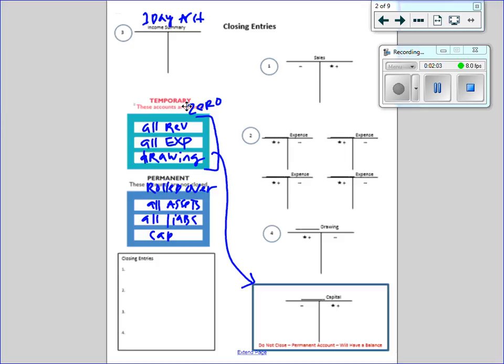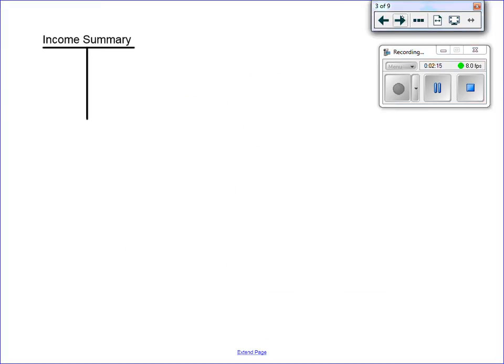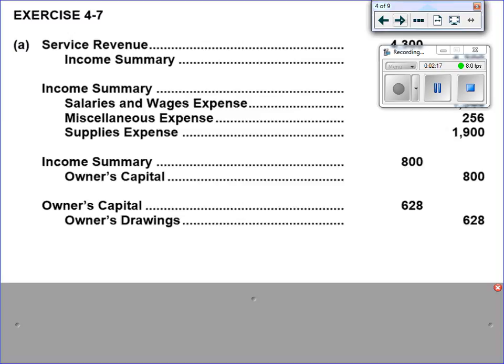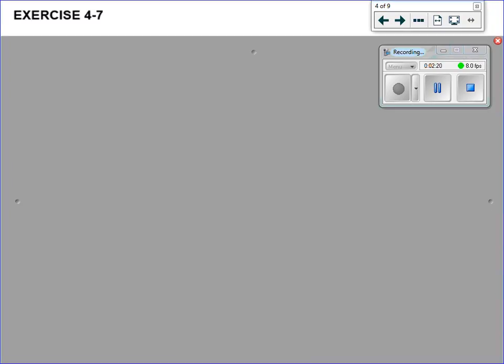It's going to feel like this problem's going to take forever because we're going to say what the closing entry is. We're going to do the T account, and then we'll go journalize. Okay? So why don't you find exercise 4.7 in your workbooks? Find it in your workbooks, find it in your textbook.